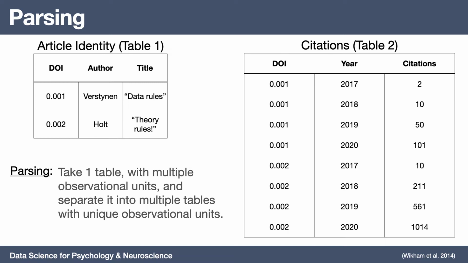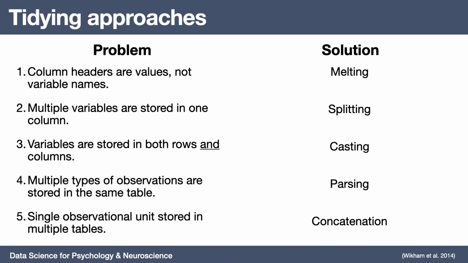So the DOI exists across both tables, and we can link these tables together. So I now have collapsed the observational units to separate data tables, but I have information that allows me to use them together in order to identify the relevant information that I need to know about the particular paper number and how it tracks across time. That's the key to parsing.